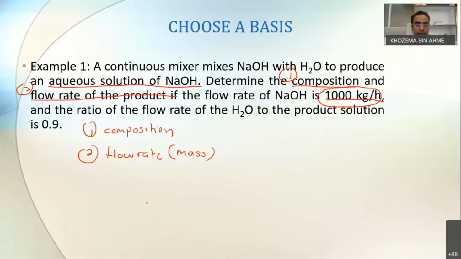So automatically, if I have a value given, I can just say that my basis is 1000 kg per hour. That is my basis. Clear? Does everybody understand? That is how you choose a basis.